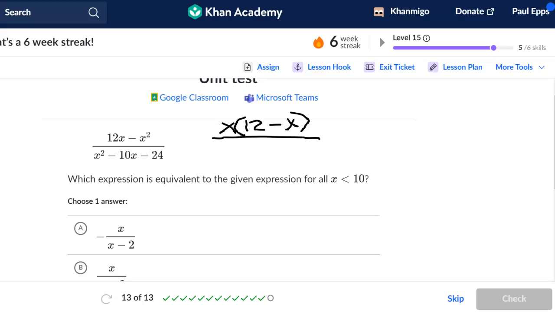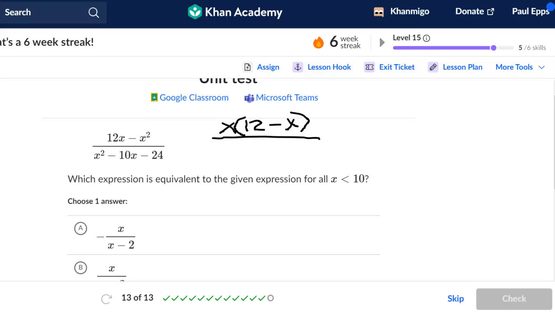All right, now how do we factor this? So factors of 24, 6 and 4. I don't think 6 and 4 is going to work. No, it's not going to work. 8 and 3, 12 and 2. 12 and 2 would work.